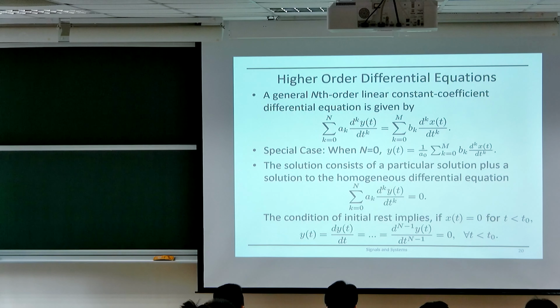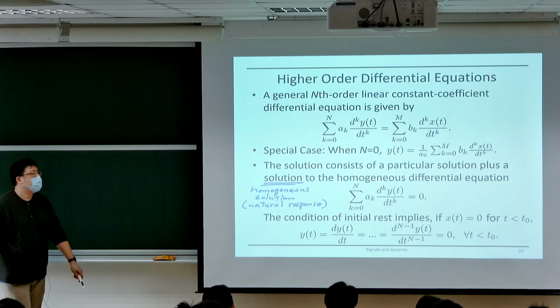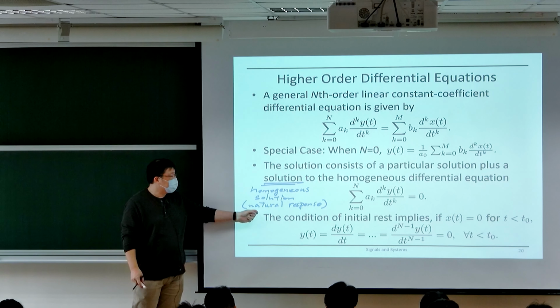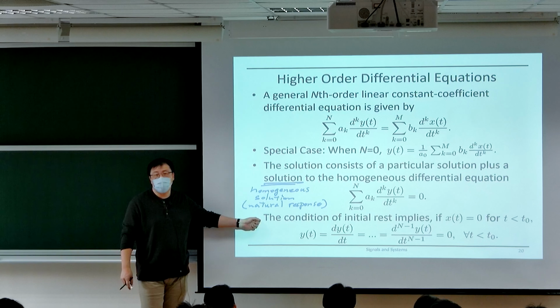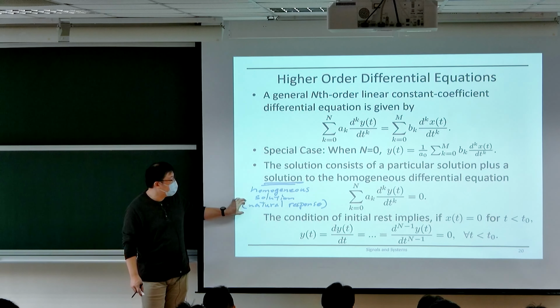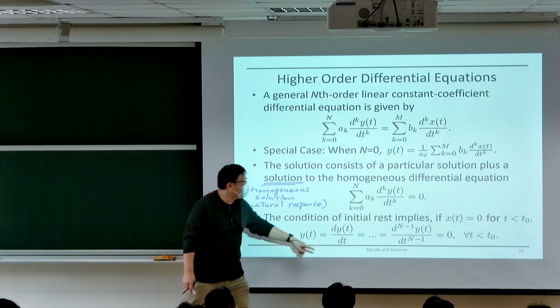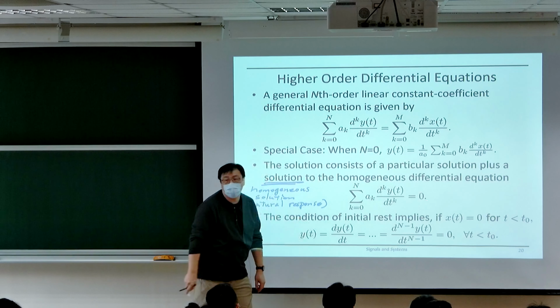The solution to the homogeneous differential equation is what we call the homogeneous solution, or sometimes called the natural response to the system, because this is a response that you will see if there is no input to the system.